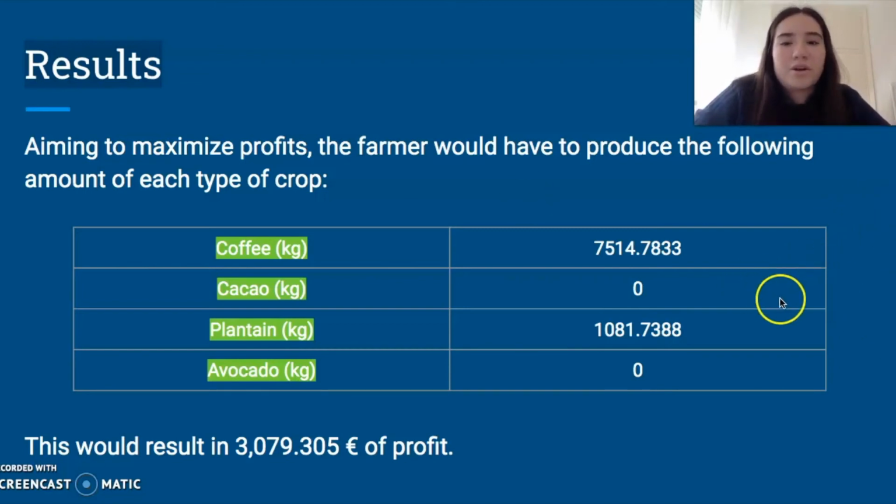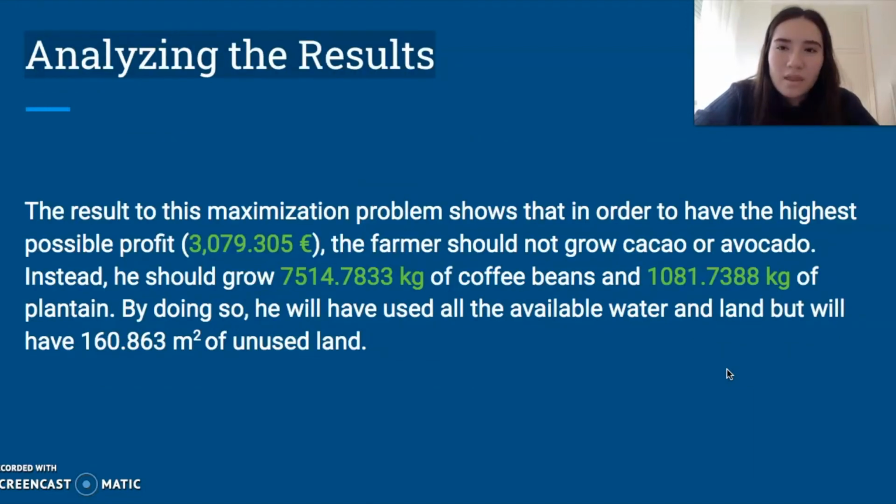Cocoa, 0 kilograms. Plantain, 1,081.7388 kilograms. And avocado, 0 kilograms. These would result in 3,079.305 euros of profit.